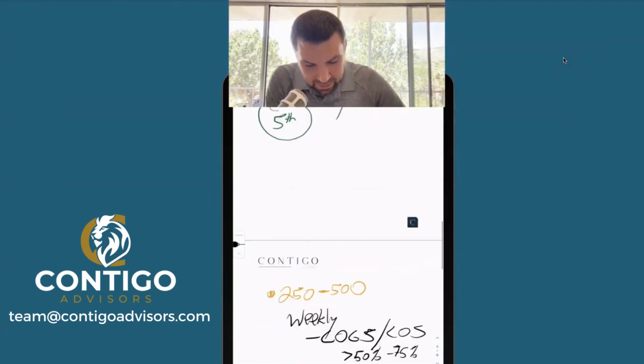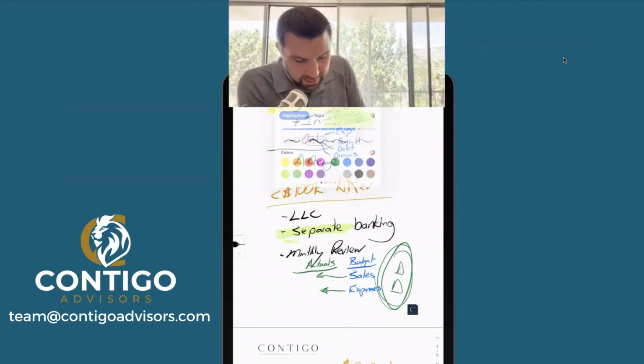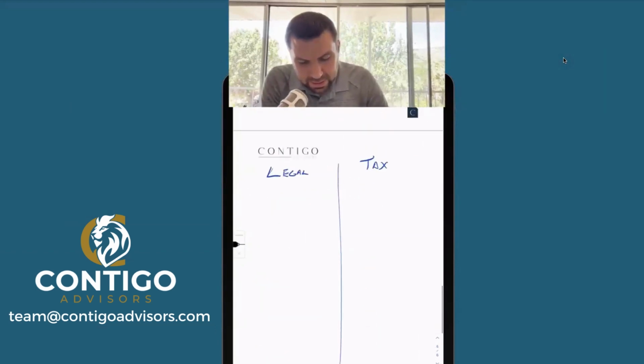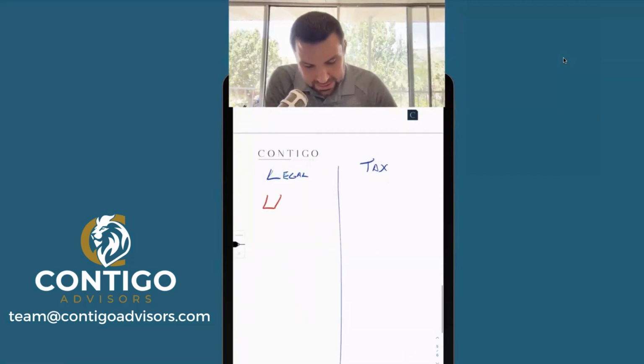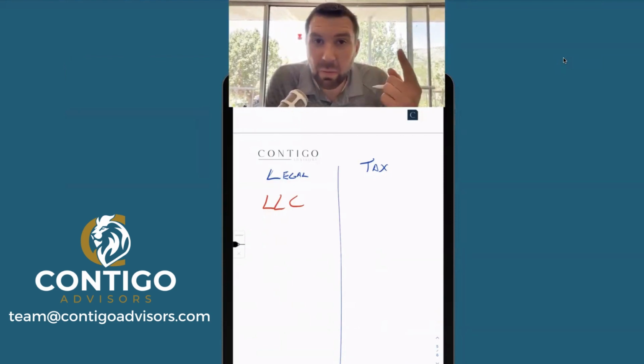What I was saying up here at this level is that we need an LLC, right? And that LLC is a legal entity. There's no such thing as an LLC for tax reasons. So if you open an LLC, that is completely on the legal side, period. The default, which is what your attorney was saying, is that LLCs either have one member or they're multi-member, anything more than one.